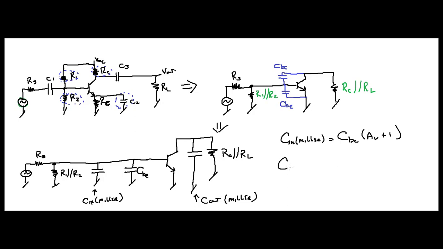And then C out Miller is going to be equal to CBC times AV plus 1 divided by AV. Got it? We talked about that earlier.